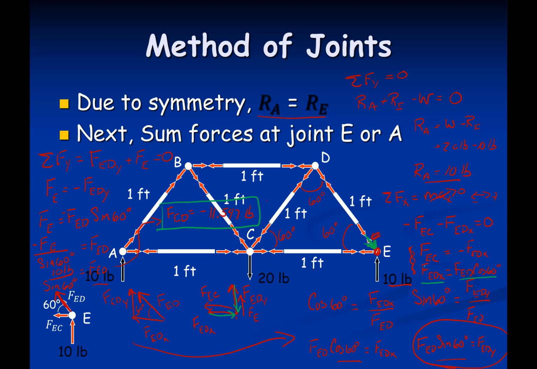So FEDX equals negative 11.547 times the cosine 60 degrees, which is what you're looking for in order to get FEC.